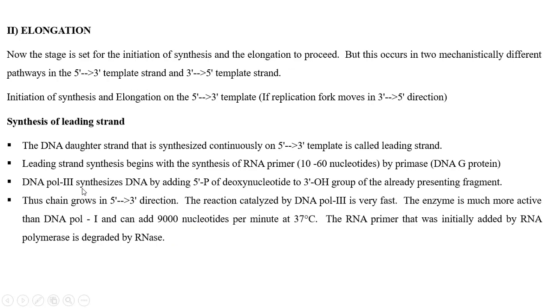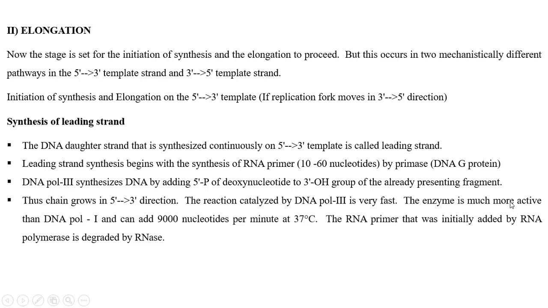The DNA polymerase 3 synthesizes the DNA by adding a 5' phosphate group to the 3' hydroxyl group which previously existed from the RNA primer. So it continuously synthesizes the DNA strand towards the helicase activity in the 5' to 3' direction, very fast, done by DNA polymerase 3.